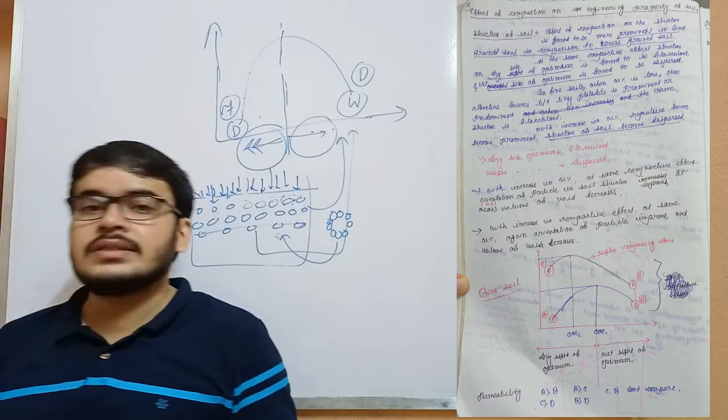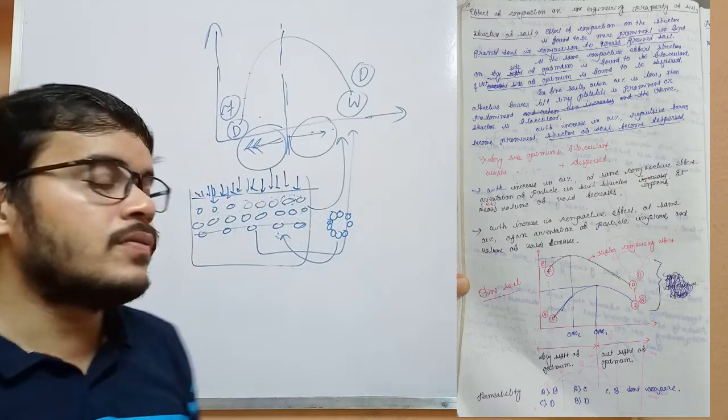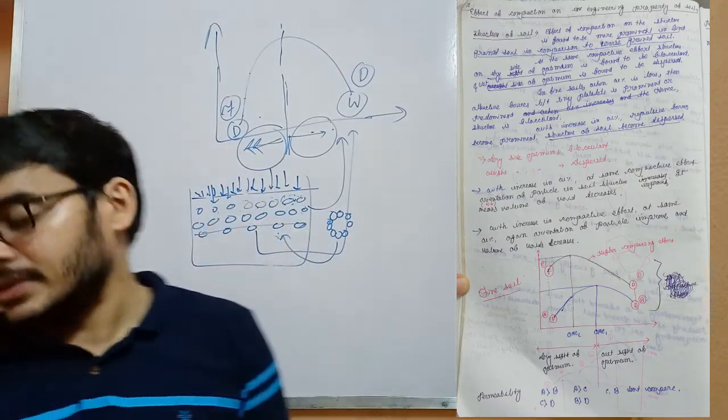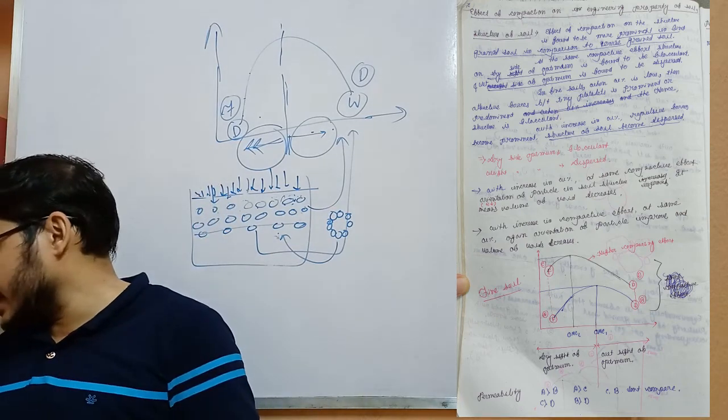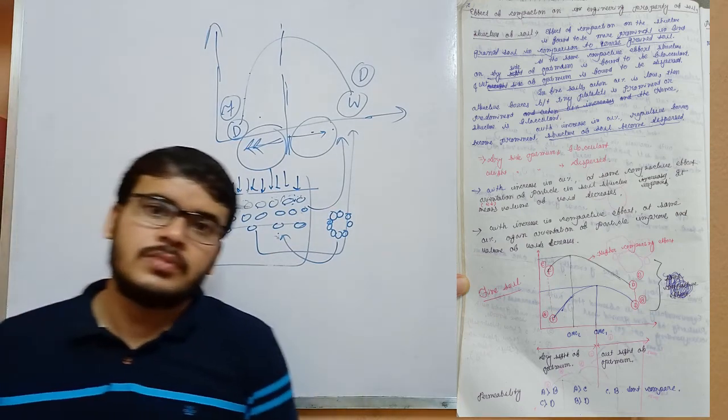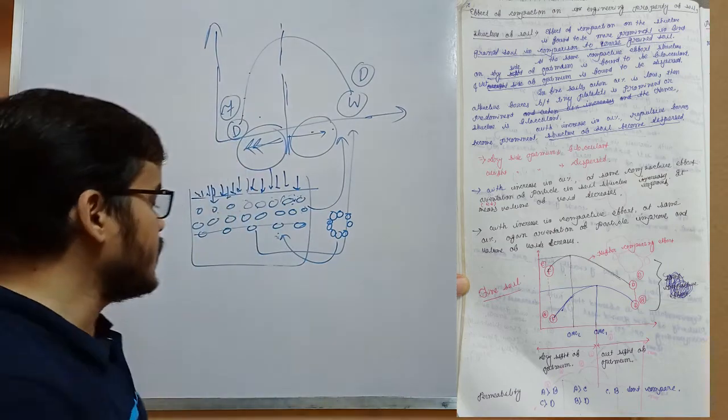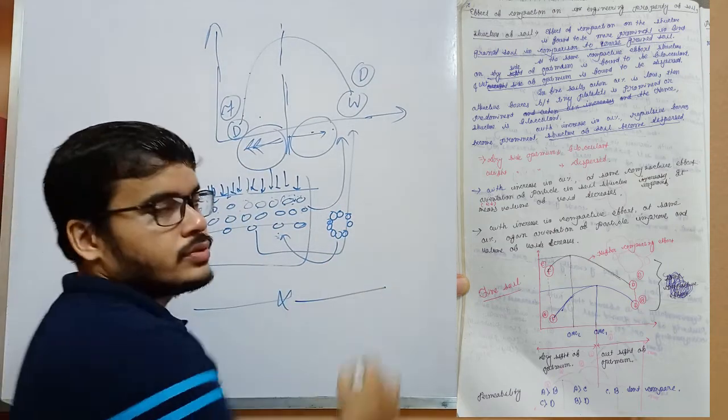And again, if we increase the compacting effort, the volume will also decrease. So these two points are important. Complete the note, and this is the end of the compaction chapter, and next I will start consolidation.